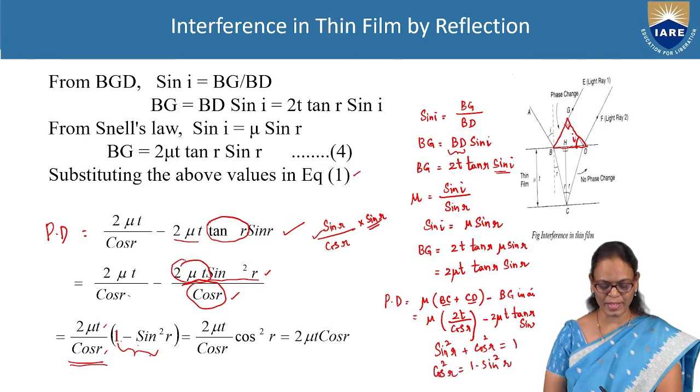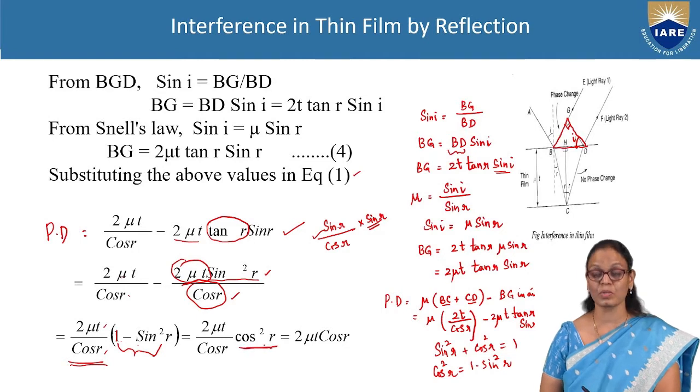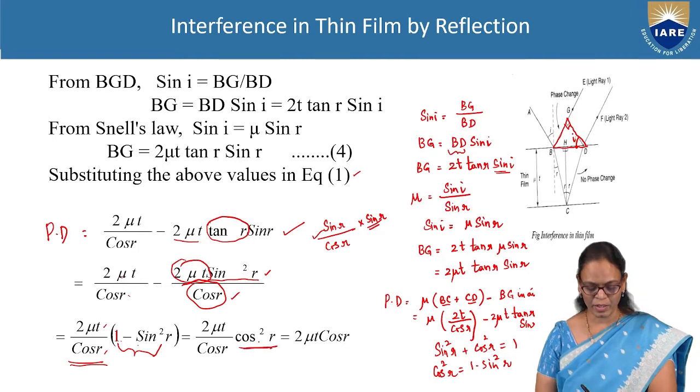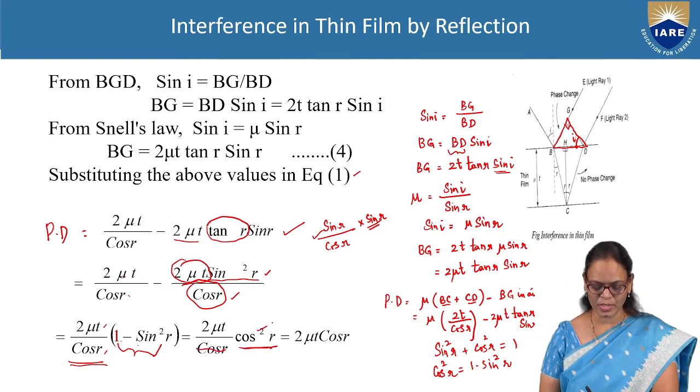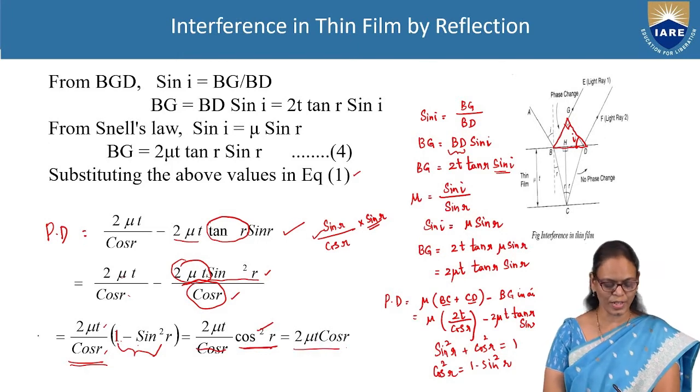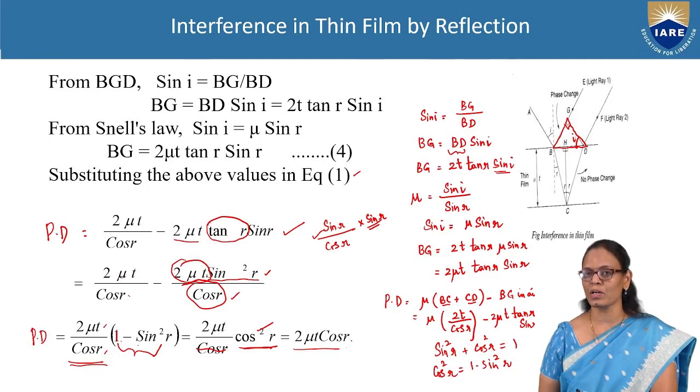So for 1 minus sin square r, we substitute cos square r. Then this cos r and one cos r get cancelled and we are left with 2 mu t cos r. So what is the path difference between the two rays? The path difference between light ray 1 and light ray 2, we have arrived at this expression 2 mu t cos r.